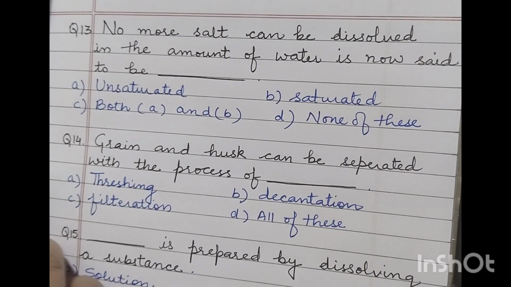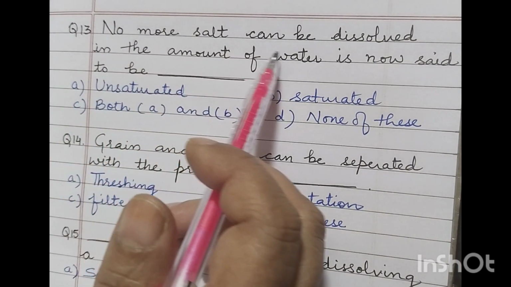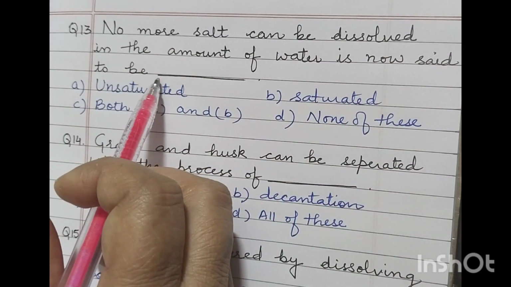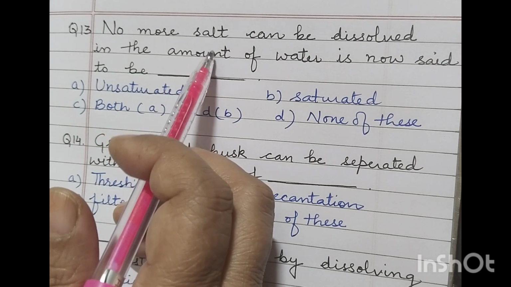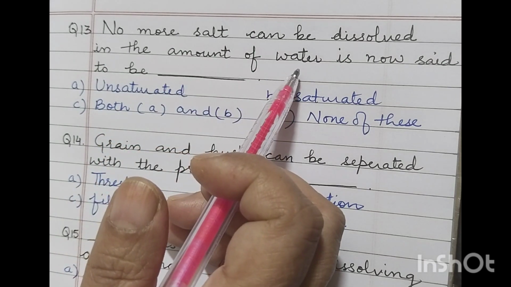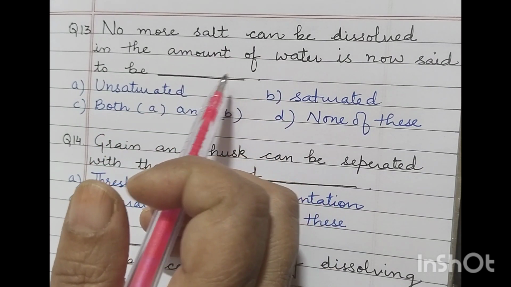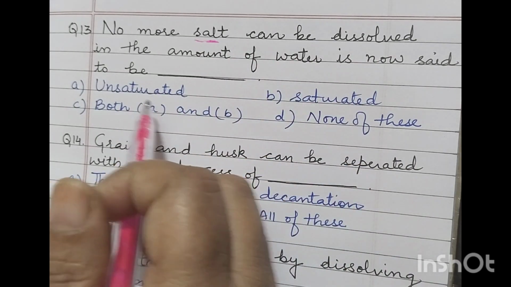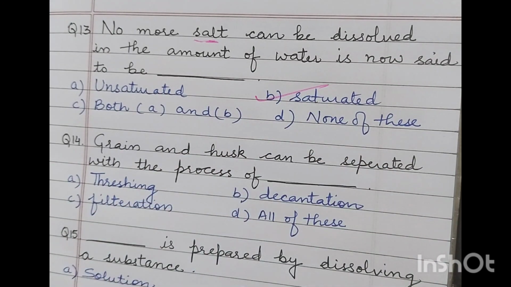Now next is question number 13. No more salt can be dissolved in the amount of water, it is now said to be. If we add salt to water and that salt is not further dissolved in water, that solution is known as a saturated solution.